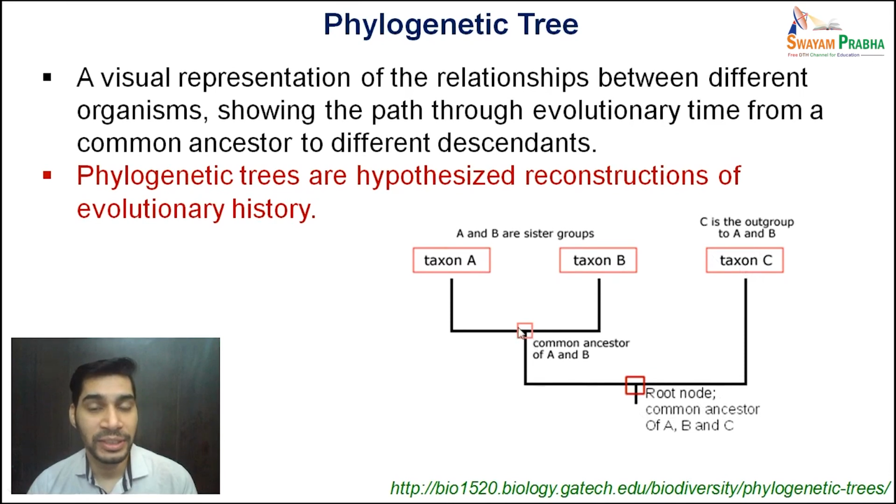From here there is another internal node which is giving rise to taxon A and taxon D, sister taxa. So this is one very simple example of a phylogenetic relationship in a tree.